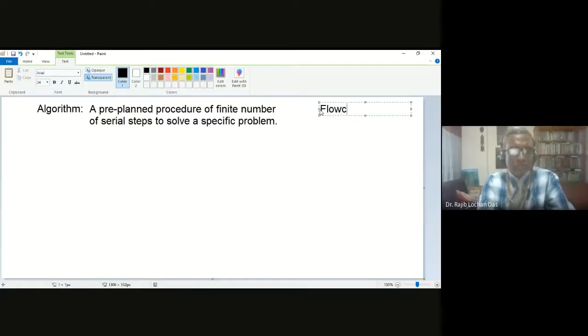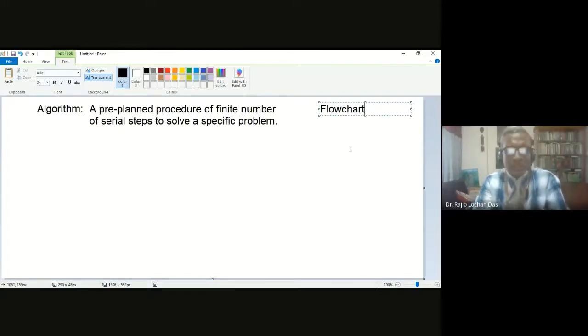So what is flowchart? Flowchart is actually the same thing as algorithm, but it is the step-by-step procedure with symbols, right? So flowchart is the same thing by concept. What you understand by algorithm, flowchart is exactly the same thing, but we present the steps by symbols or diagrams.